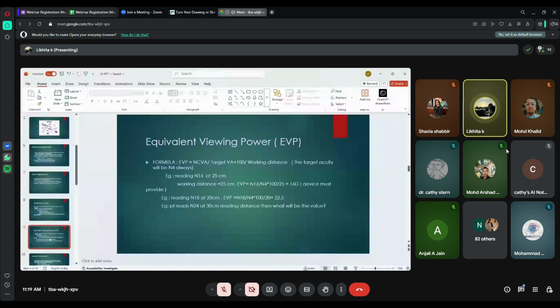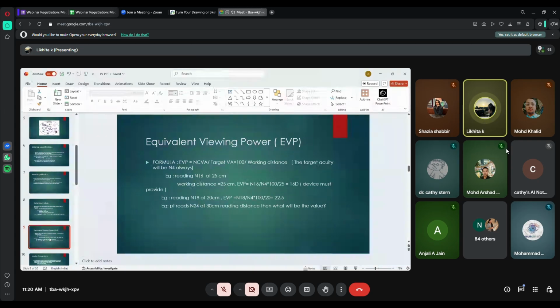So it is specially used for high plus lenses, microscopes and other magnifiers. The EVP helps us understand the total dioptric demand at the eye. EVP represents the total effective dioptric power at the eye required to view a near object at a specific working distance.